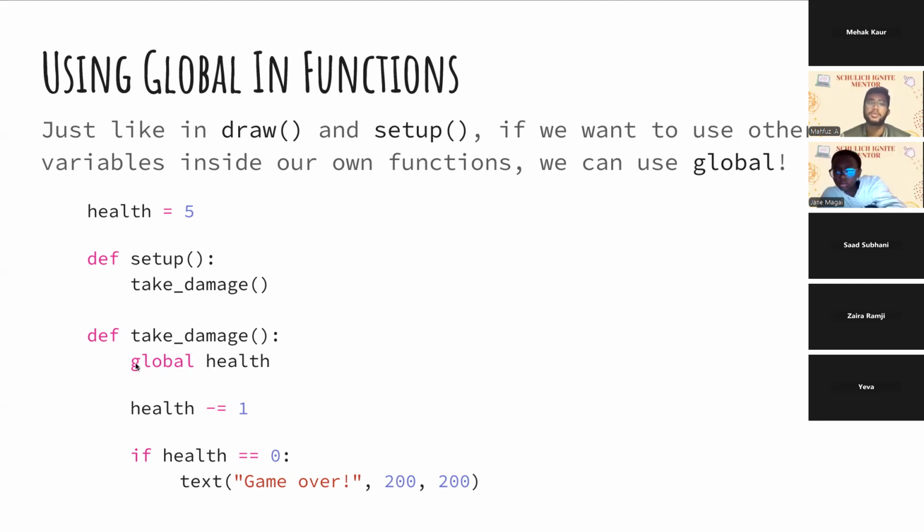What we can do is call the global keyword and health. Then if we subtract from health inside of take damage, it will also impact the overall value of the health variable at the top. So you guys can use global inside of functions as well.